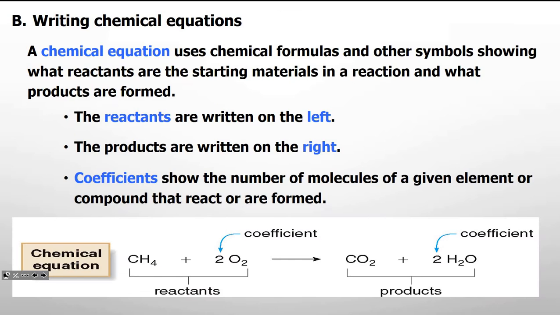All right, moving forward. So writing chemical equations, a chemical equation is sort of a shorthand. Our reactants are on the left, our products are on the right. The coefficients tell me how many of each I need. So for this reaction here, CH4, which is methane, I need 2 oxygens to go with the methane to be able to make carbon dioxide and water on the other side.